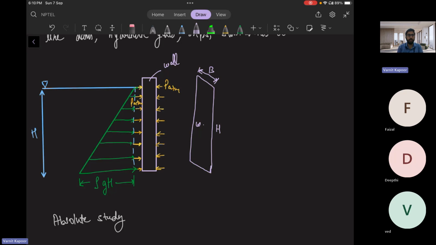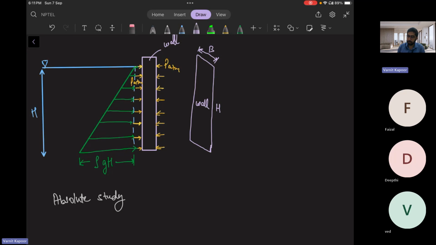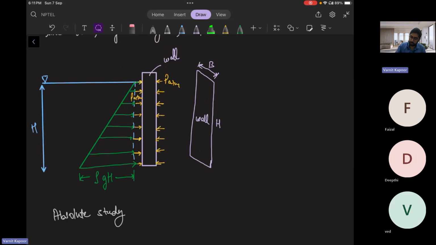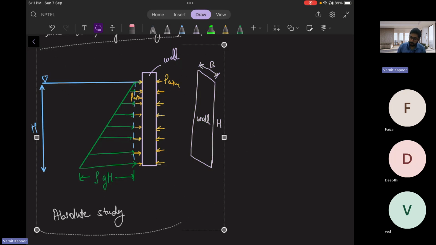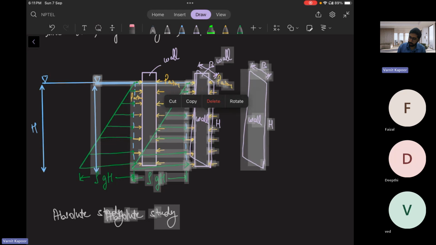But if I want to do the gauge analysis, I have to remove the atmospheric pressure from here. So I'll just drag this towards the center.